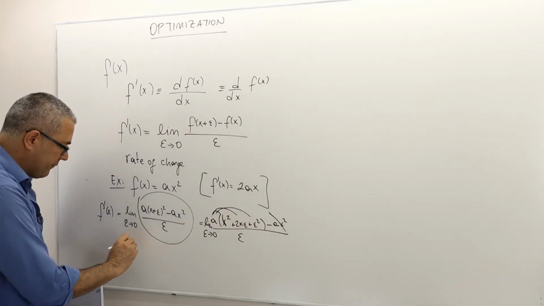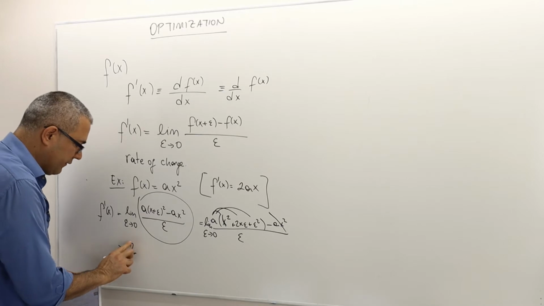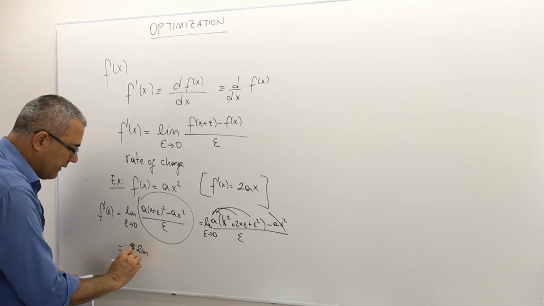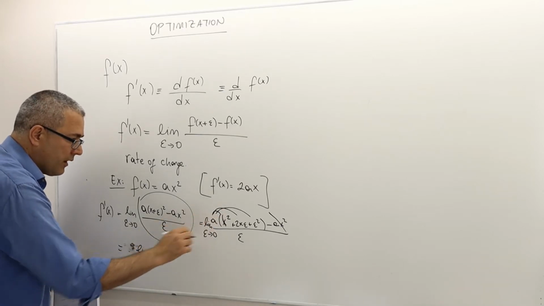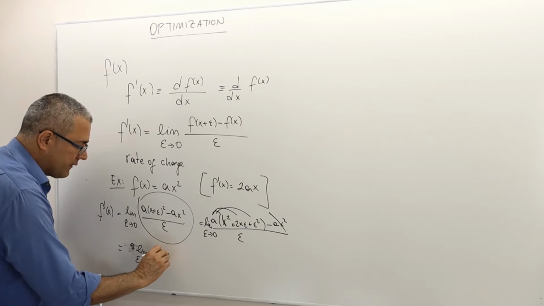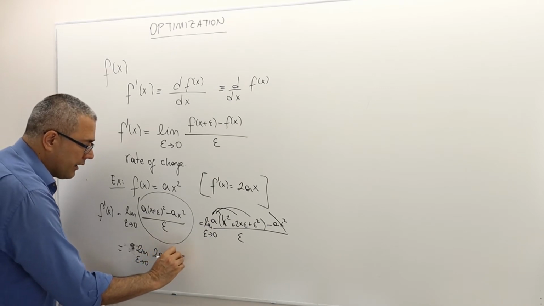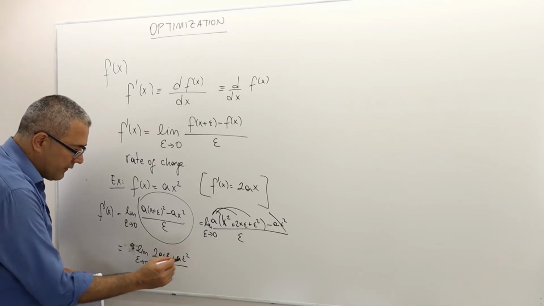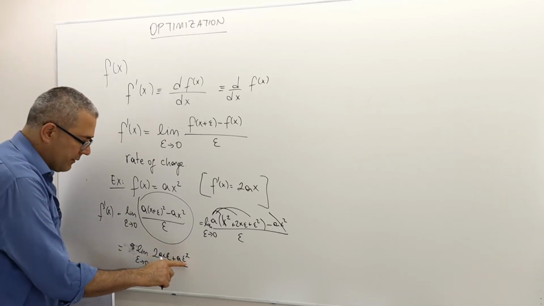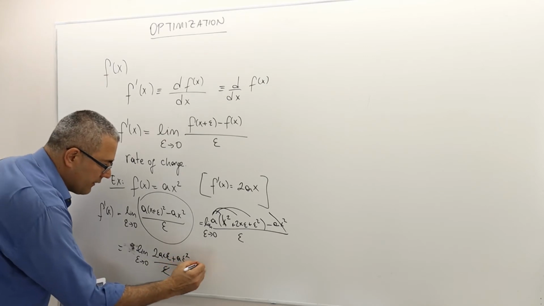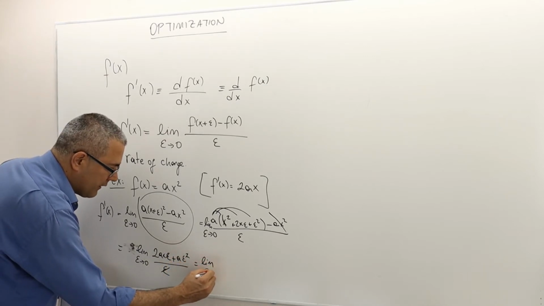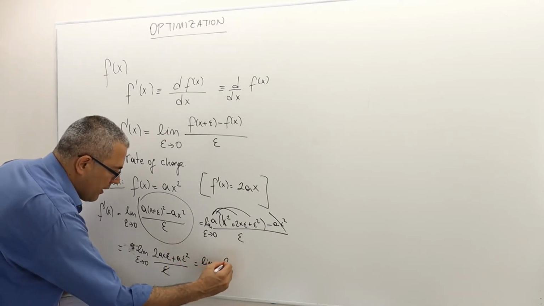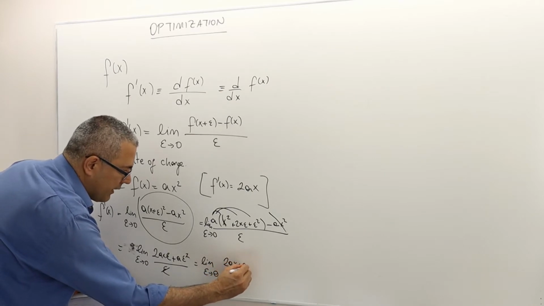So again, don't forget the limit. The limit as epsilon goes to 0 of 2 a x epsilon plus a epsilon squared, divided by epsilon. One of the epsilons will cancel out. So this is equal to the limit as epsilon goes to 0 of 2 a x plus a epsilon.